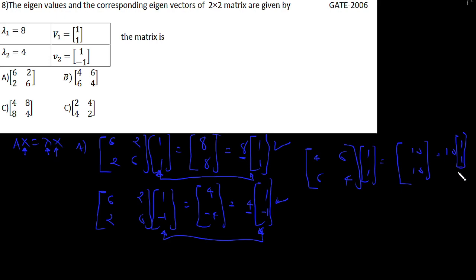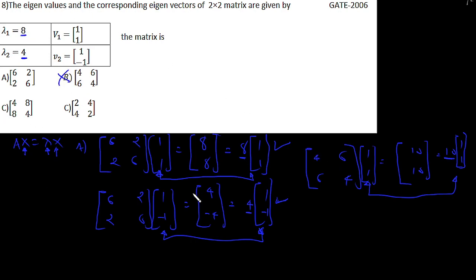Here also you get the same eigenvector, but the eigenvalue corresponding to this eigenvector is 10. We do not have 10 as an eigenvalue in the problem. We have eigenvalues 8 and 4. So option B is wrong.